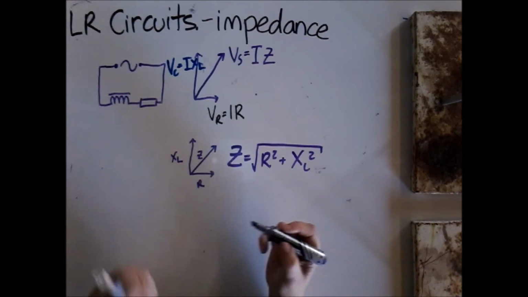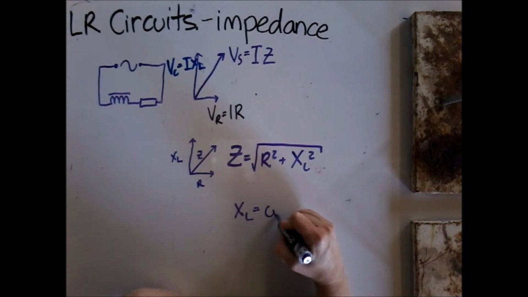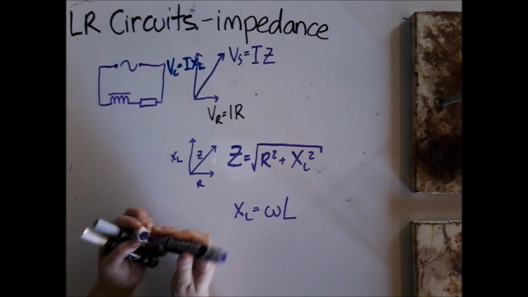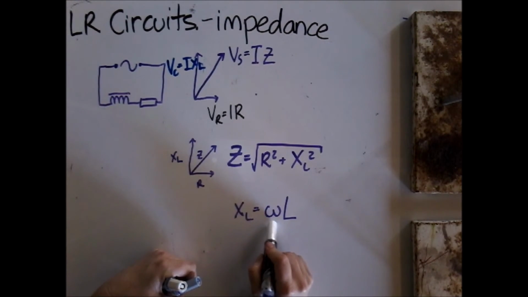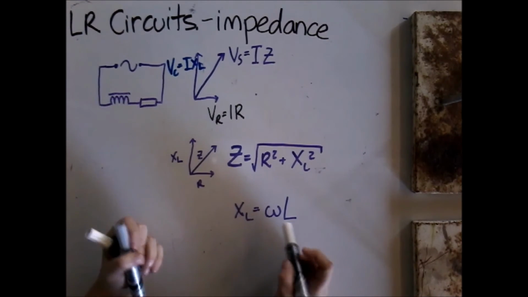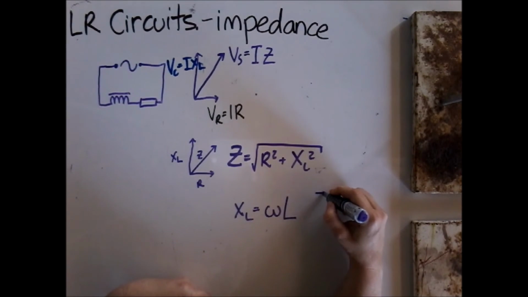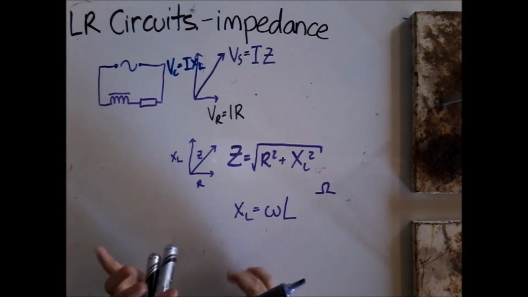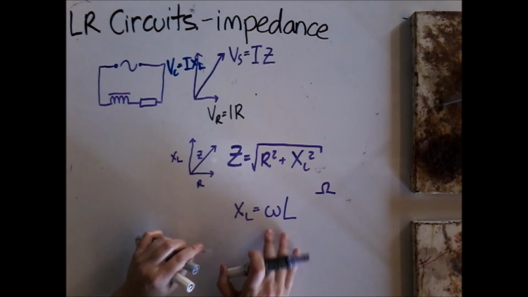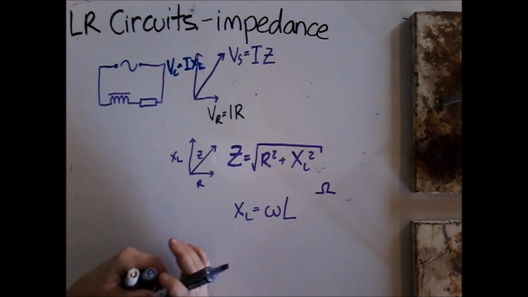And we remember, because we just learnt about it, that XL equals omega L. The reactance of our inductor equals omega, related to the frequency, times the inductance of our inductor, measured in henries. Impedance, as always, is measured in ohms. Okay, it's nice and simple. If we can figure out the impedance, we can figure out a bunch of things about our LR circuits.